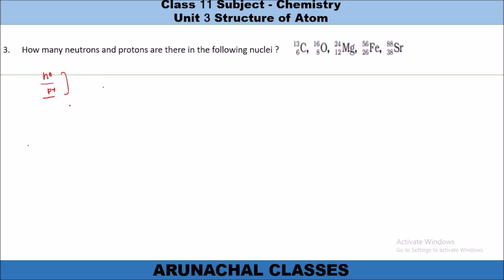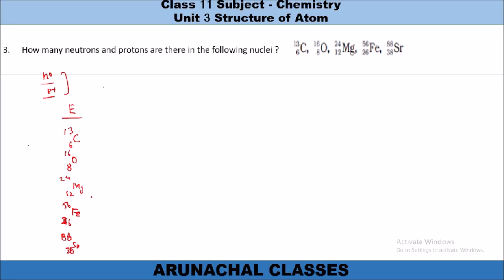So here the elements are carbon, 6, 13, then we have oxygen, 8, 16, then we have magnesium, 12, 24, then we have iron, 26, 56, and we have strontium, 38 and 88.